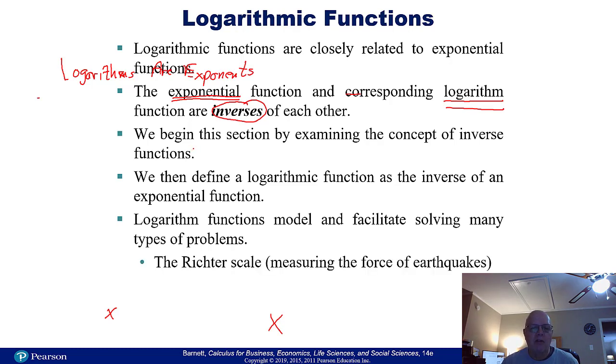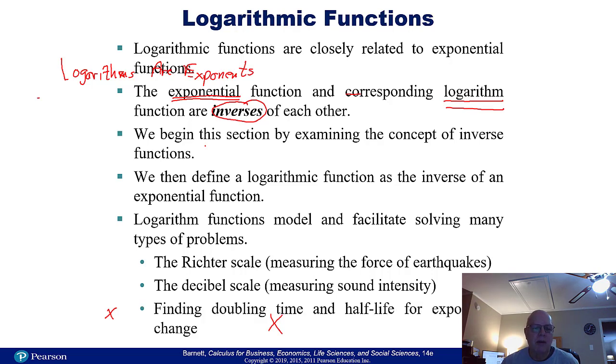The Richter scale, for example, you've heard of that when earthquakes are reported. You've heard of the decibel scale. How loud is something, say at a football game, or a rock concert, or doubling in half-life for an exponential change.